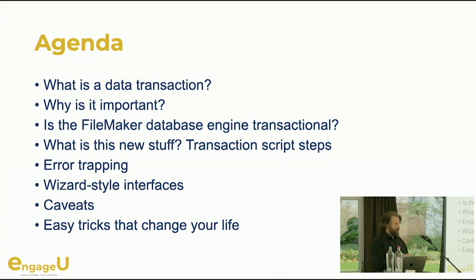We're talking about the feature release with 19.6 version of FileMaker and updated in 20.2, I think. A little bit of error trapping, but the error trapping session is next door, so don't get confused. Wizard style interfaces, caveats about there are some, and easy tricks that will change your life.